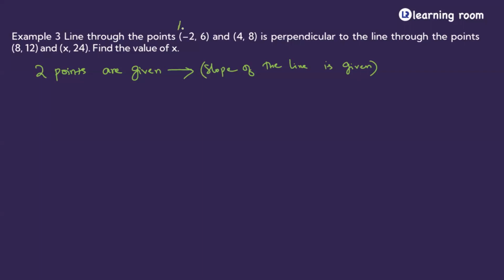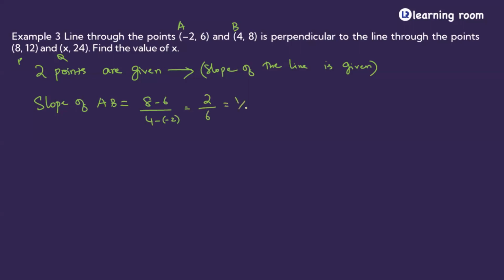So if this is A and I take this to be B, similarly, if I take this to be P and this to be Q, there is a line that is joining AB. So what is the slope of AB? The slope of AB is equal to 8 minus 6 divided by 4 minus of minus 2. So 8 minus 6 is 2 divided by 6.